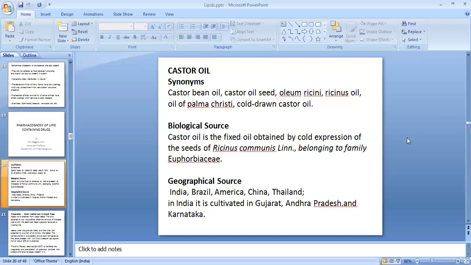And next, when you come to the biological source, it consists of the fixed oil obtained by cold expression from the seeds of Ricinus communis belonging to the family Euphorbiaceae.